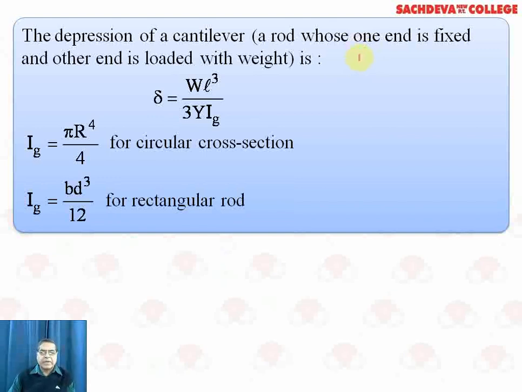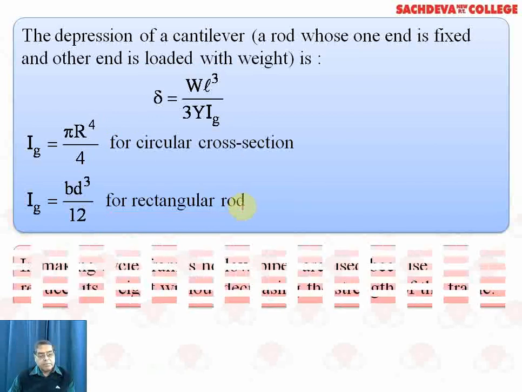So depression of a cantilever, a rod whose one end is fixed and the other end is loaded with weight, is delta equal to WL cube divided by 3 Y Ig. Ig is equal to pi r to the power 4 over 4 for a circular cross section, and Ig is equal to BD cube by 12 for a rectangular rod.